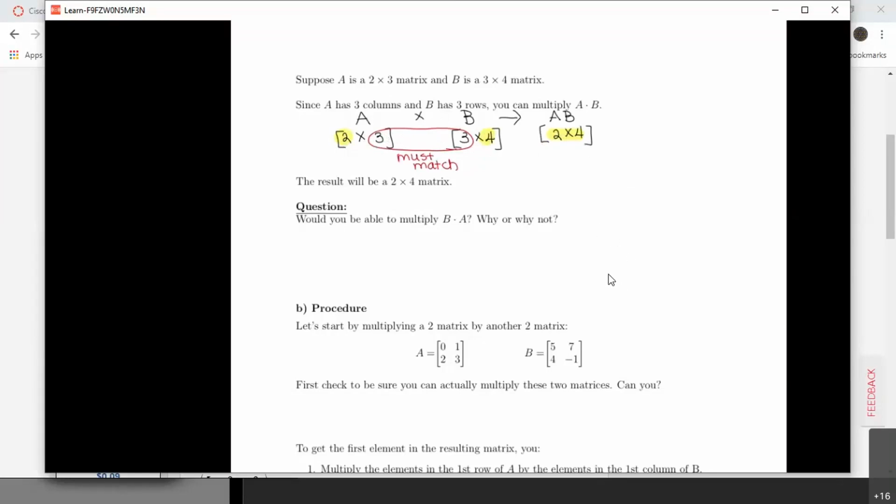Now here's an interesting question. Would you be able to multiply them in the reverse order, like B times A? Well, let's assume they have the same size, and this was 2 by 3. What do you think? Will this work? I'm asking a question in the chat. Will this work? What do you think? I have 2 people signing in, and how about the rest of you?